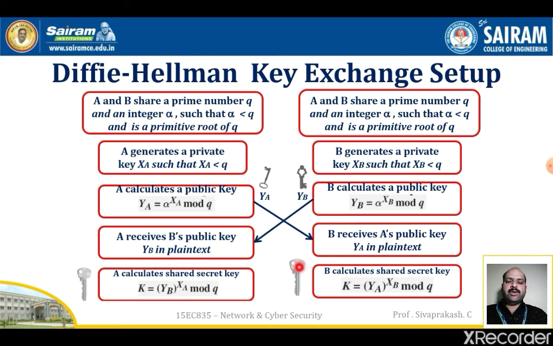Now we see that the keys found by user A and user B are the same. In this way, the shared key has been found with the help of the Diffie-Hellman key exchange, and they start the session.